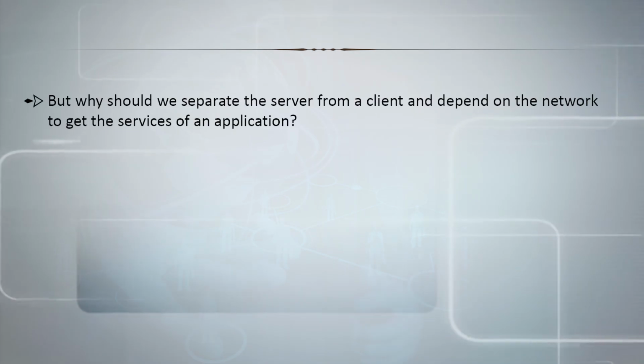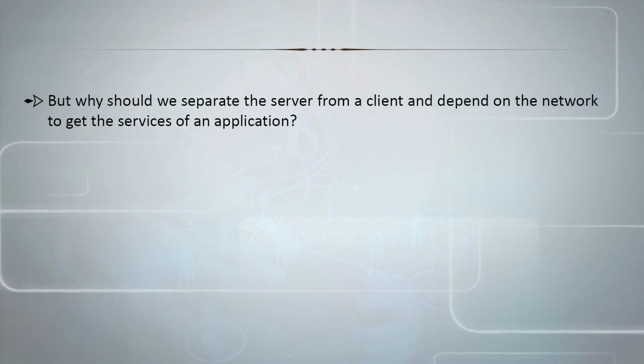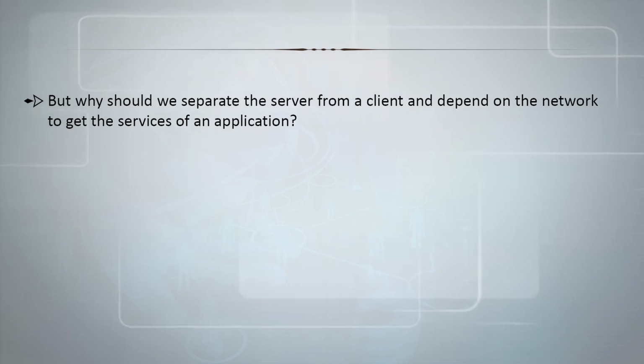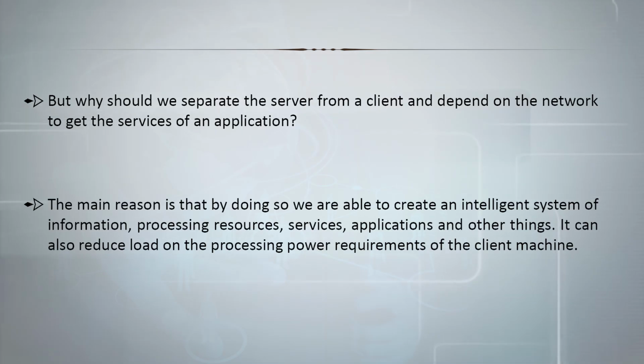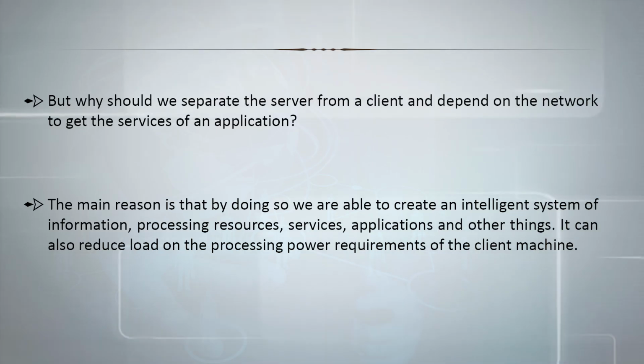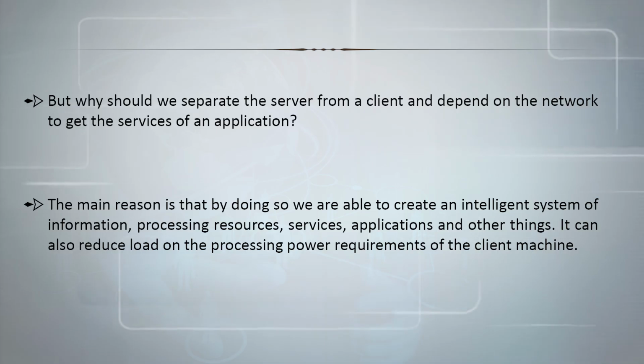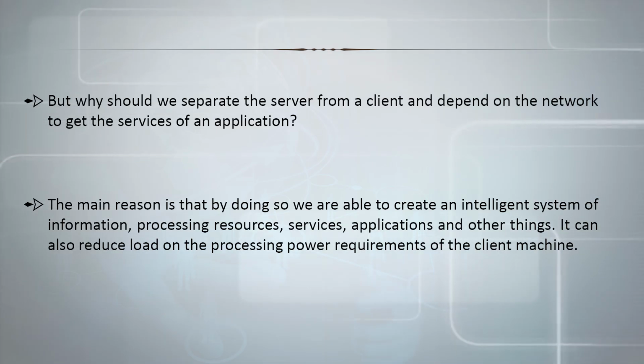But why should we separate the server from a client and depend on the network to get the services of an application? The main reason is that by doing so, we are able to create an intelligent system of information, processing resources, services, applications, and other things. It can also reduce the load on the processing power requirements of the client machine.